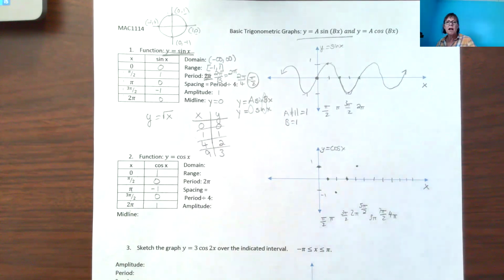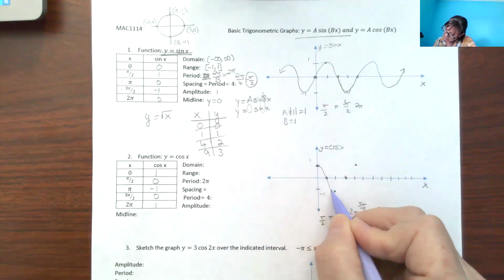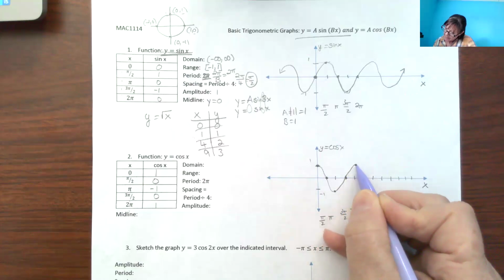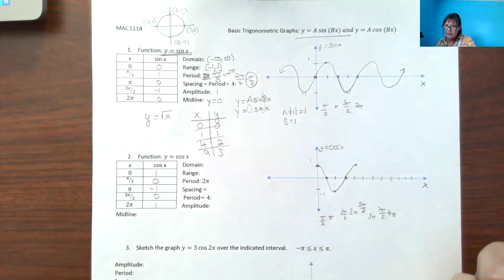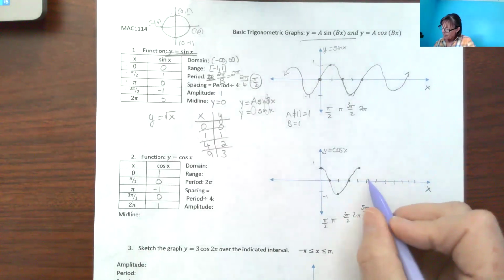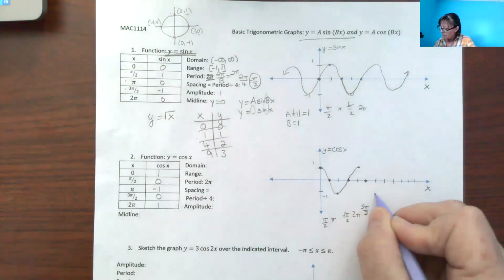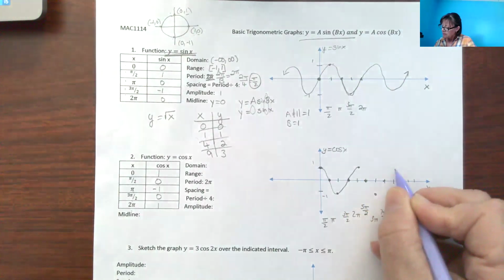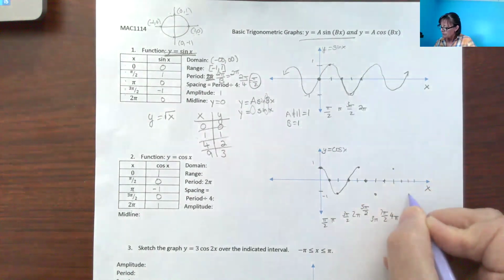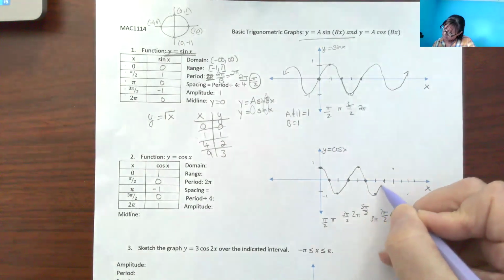This is one cycle of a cosine graph, and it looks like that. Now, of course, it goes on and on. If we continued, 5 pi over 2 would hit 0. 3 pi would be down here at -1. This pattern will repeat. So it will do this.